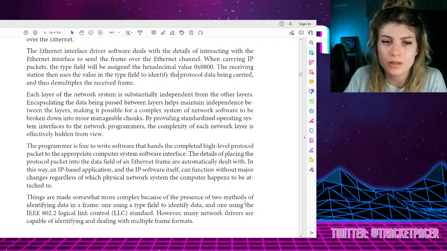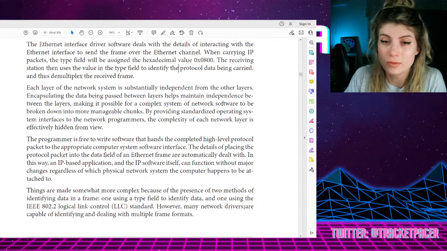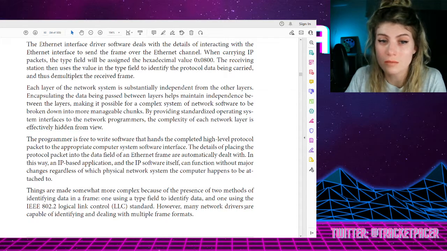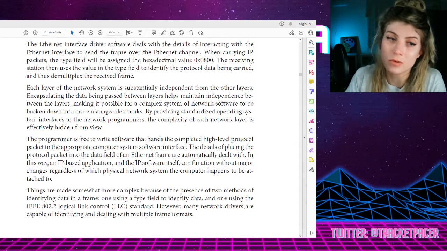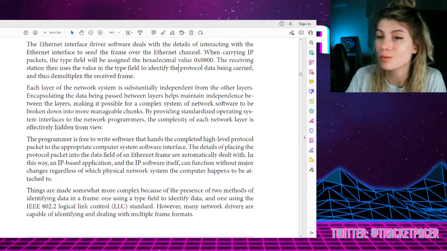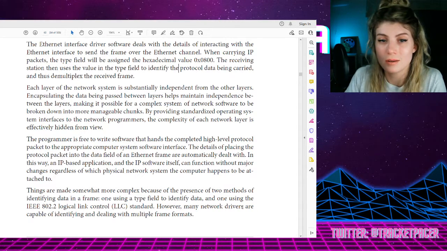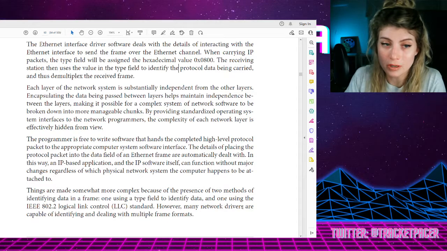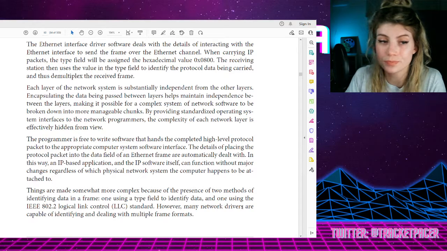Okay. Each layer of the network system is substantially independent from the other layers. Encapsulating the data being passed between layers helps maintain independence between the layers, making it possible for a complex system of network software to be broken down into more manageable chunks. By providing standardized operating system interfaces to the network programmers, the complexity of each network layer is effectively hidden from view.